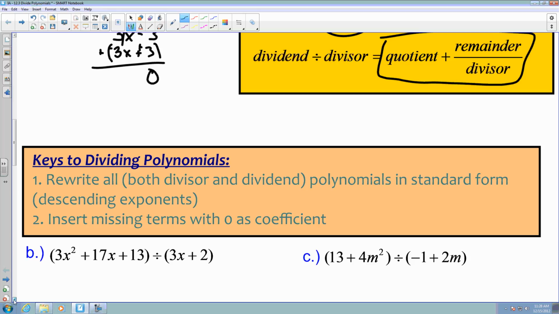There are some other keys that you have to keep in mind when dividing by polynomials. First of which is you must rewrite all, both divisors and dividends, all the polynomials in standard form.